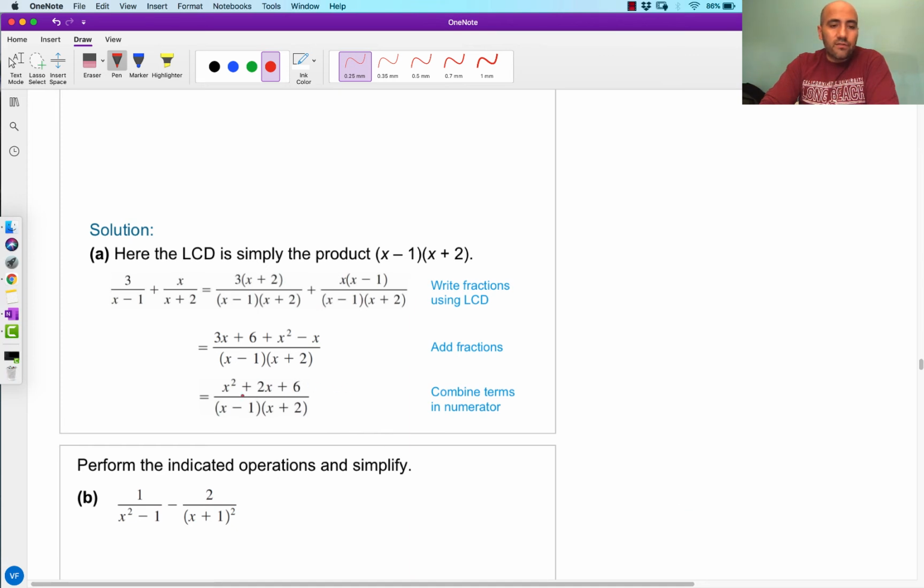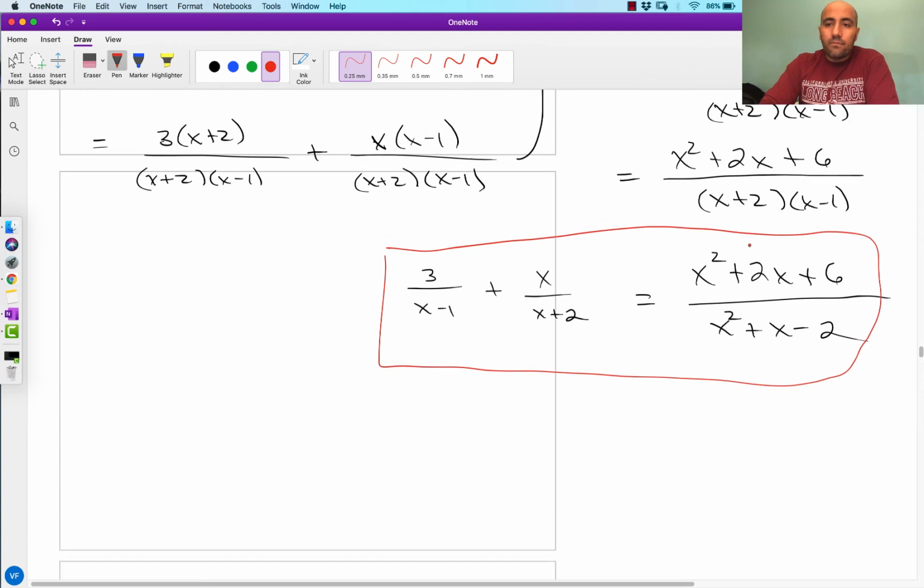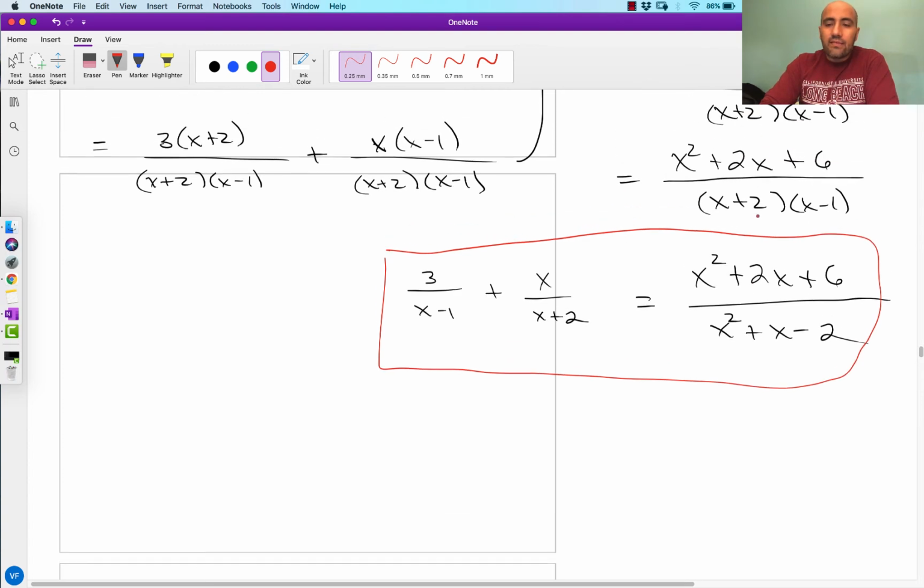Looks like the author wasn't afraid to leave it alone like that. Okay, that's fine. We can leave it in this format, or like I said, I just think it's a little weird that the denominator is factored and the numerator is not. But that's my own personal struggle. Either way is fine. I would accept either one.